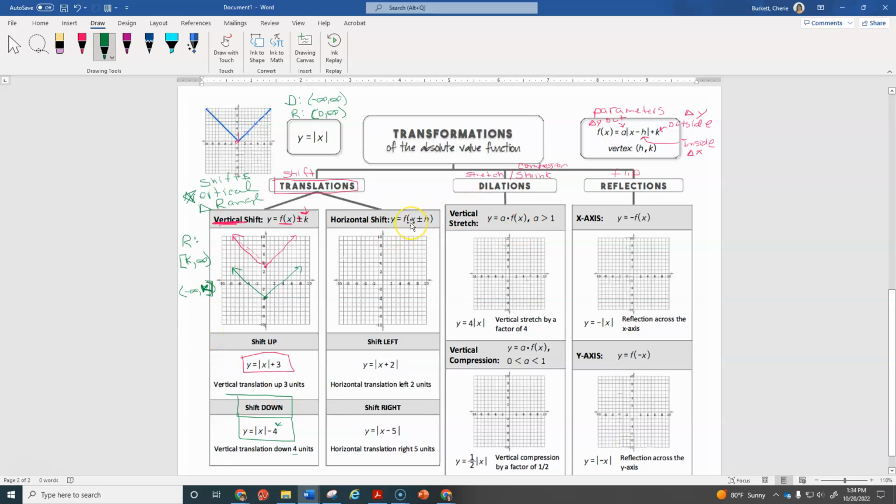Okay, so the H values are the ones that are most missed, and I think that they're most missed because of this negative sign right here. If you don't remember that if negative H is what you see, then H is really positive. So notice on this problem right down here, we see a +2. That means that H is really -2.